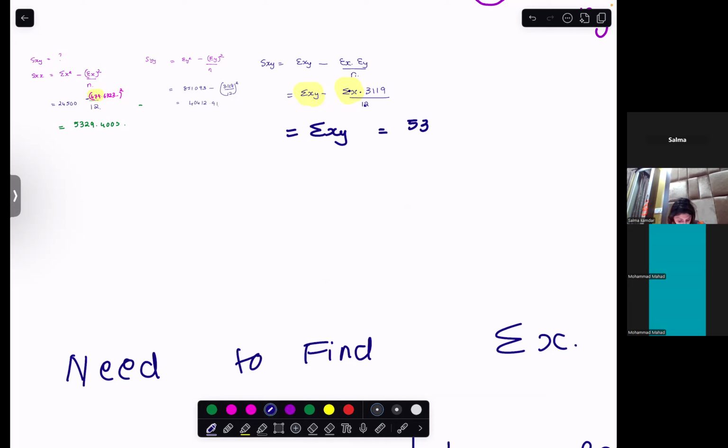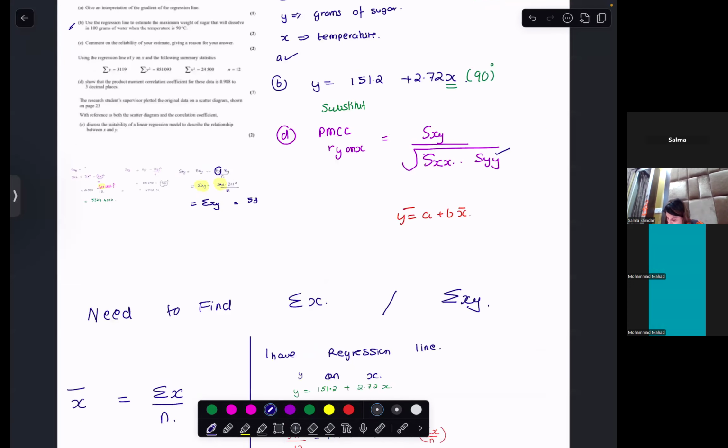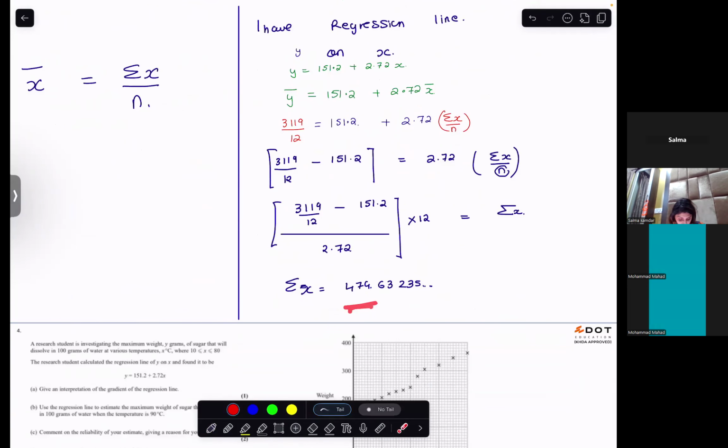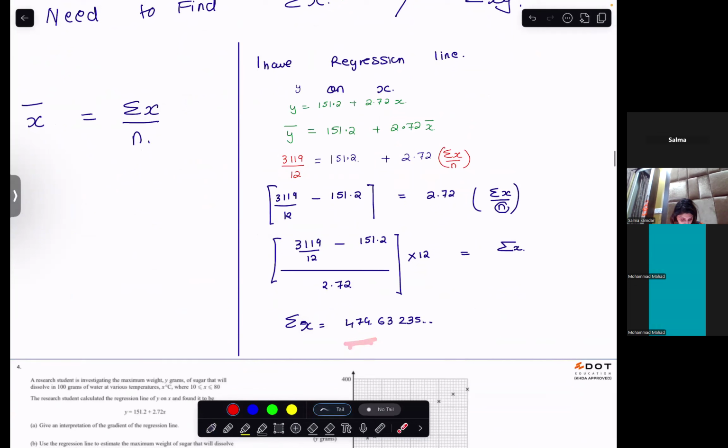Looking at sigma x, what is sigma x? Sigma x is, oh okay, 479.63.